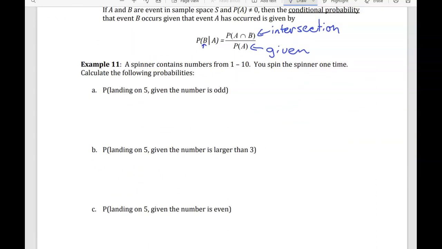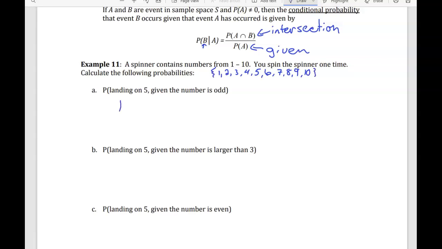So let's look at these. A spinner contains numbers 1 through 10. You spin the spinner one time, and you want to calculate the following probabilities. This is our sample space originally.